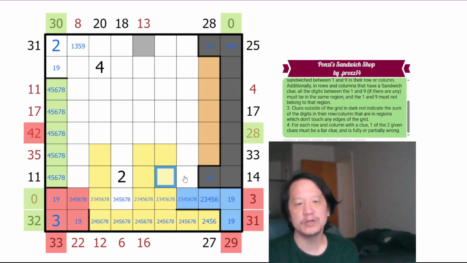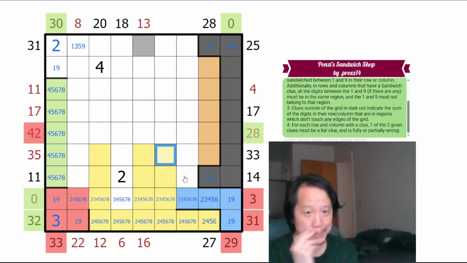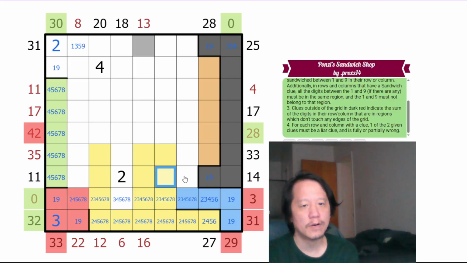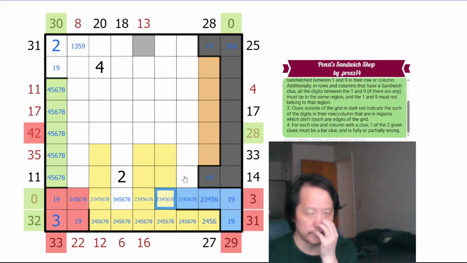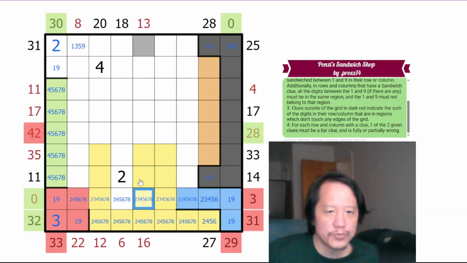Obviously, it cannot be here. So this can't be yellow, yellow here, because then the digits in between the 1 and 9, which would have to appear for the yellow, we also need a 3 somewhere for the yellow. So this is going to be 3, 1, 9, 1, 9 for the yellow somewhere.